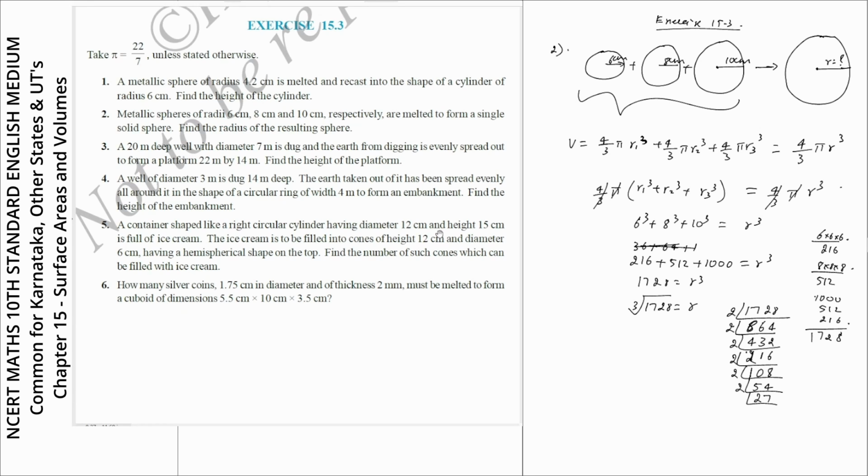Now it's not divisible by 2, but it is divisible by 3. 3 nines are 27. Now 3 threes are 9, 3 ones are 3.